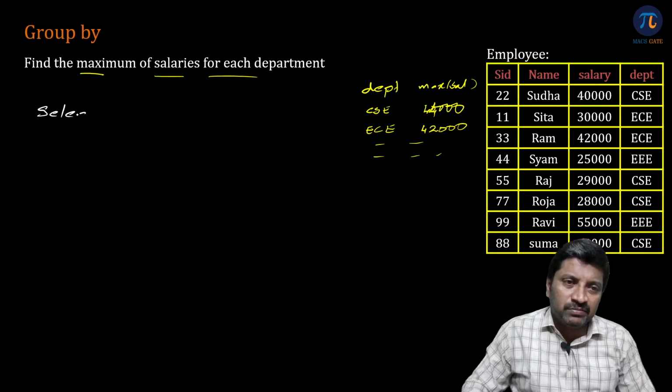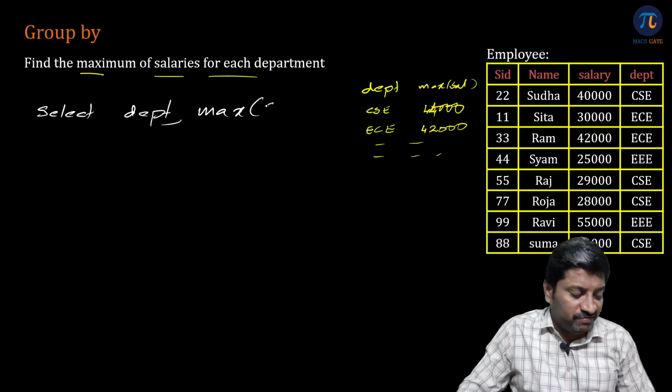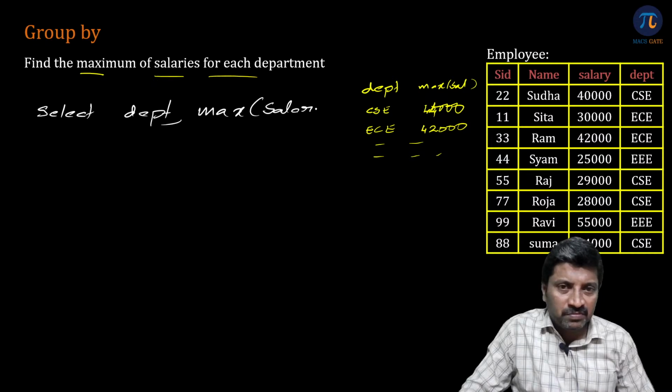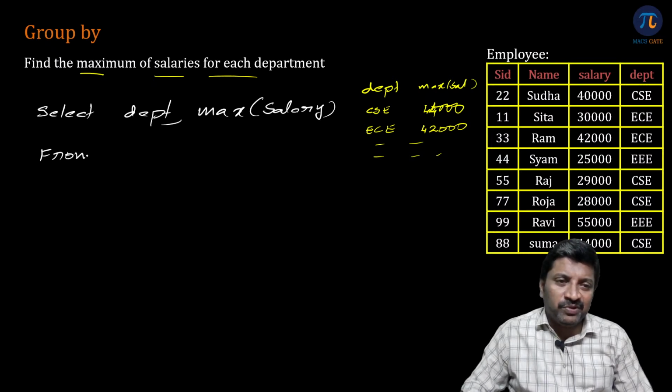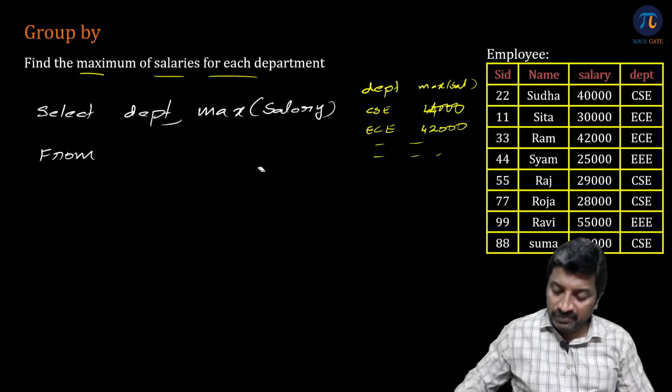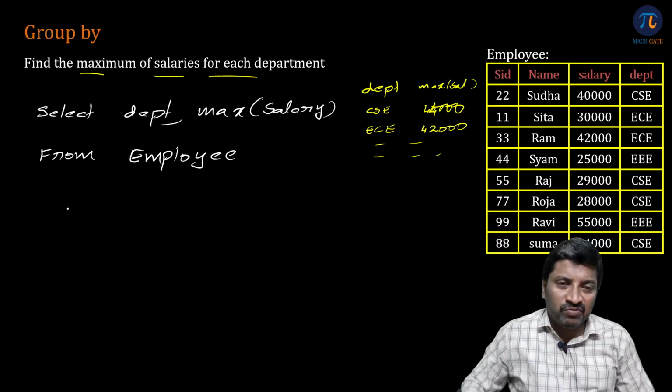So select department, comma, maximum of salary from employee. We don't have any where, sir.